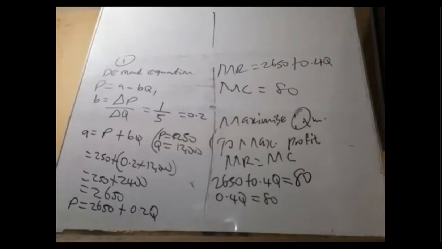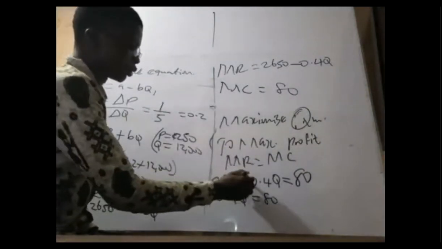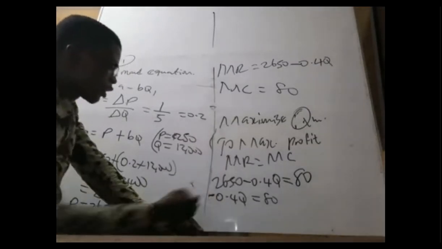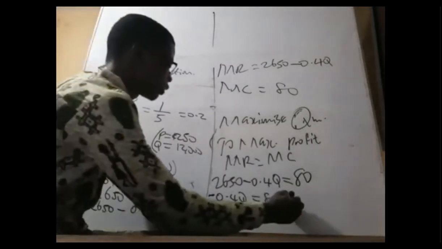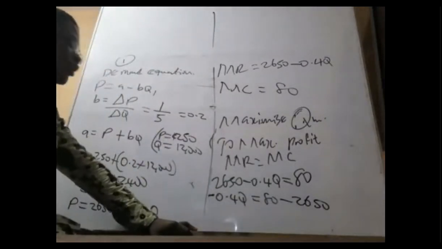In fact, this place I don't agree. Here must be negative. Okay, now they will agree. So negative 0.4Q is equal to 80 minus 2650. So therefore, what do we do?